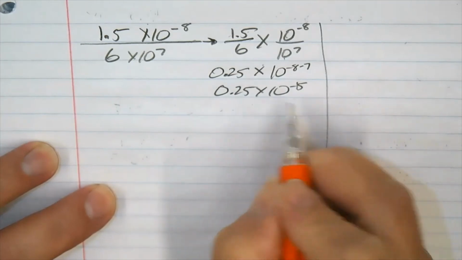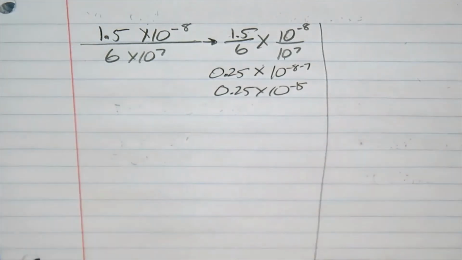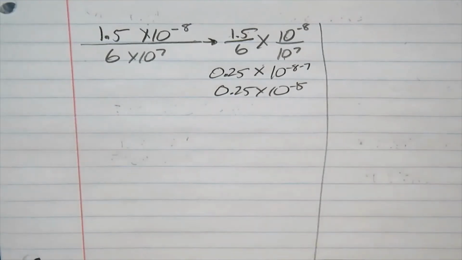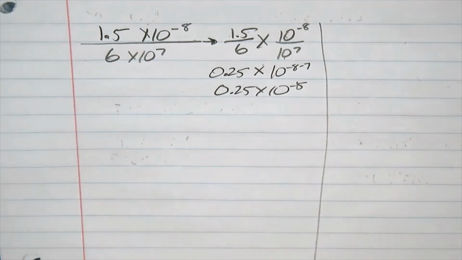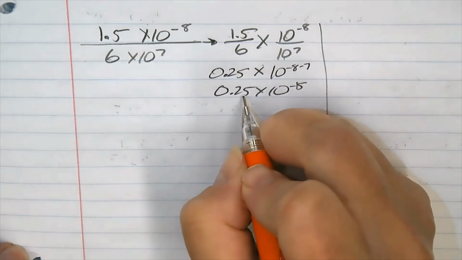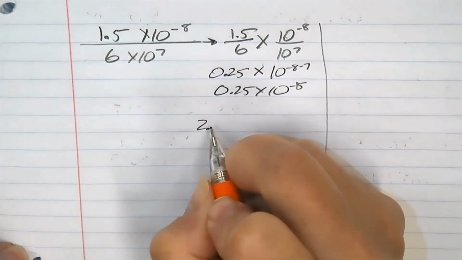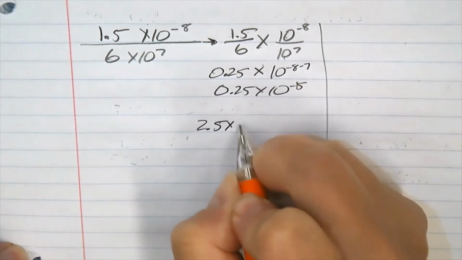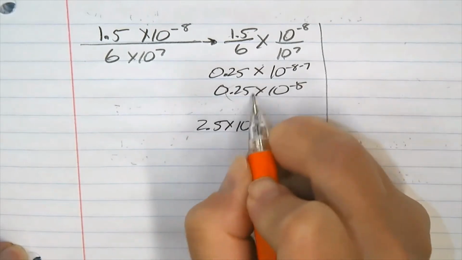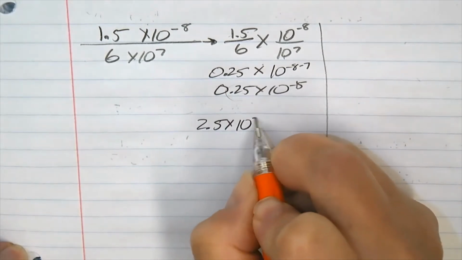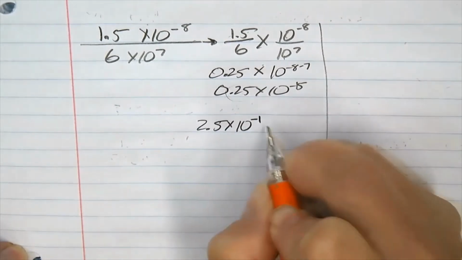But this is not in scientific notation. My first factor is less than 1. So I need to rework this. So this is going to be 2.5 times 10. Since it's less than 1, my exponent is negative.